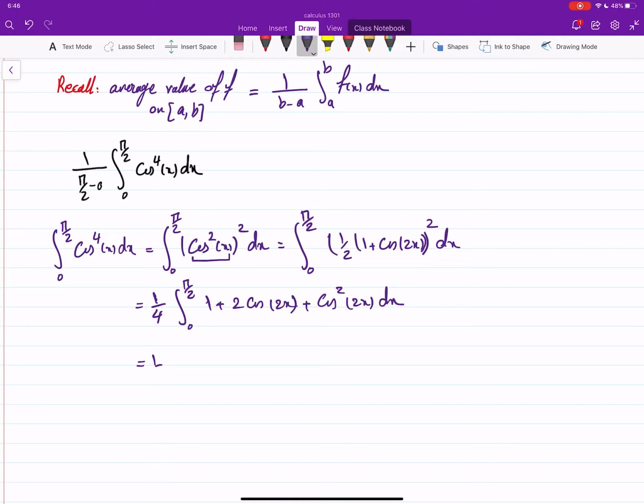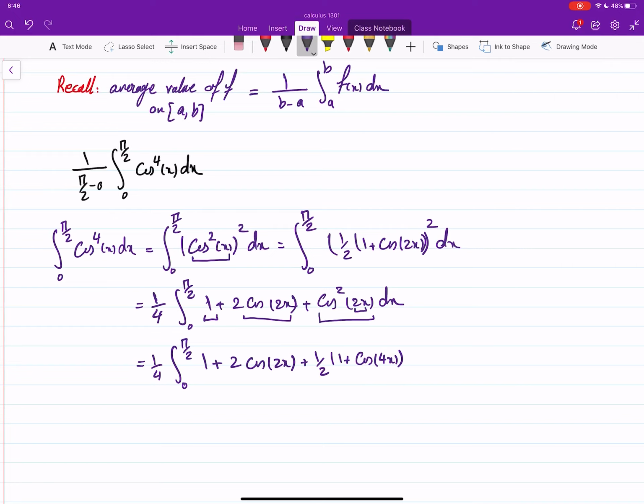But before I do that, let me go one more step here, because these guys are easy to integrate. How about this one? Well, I will use another time the so-called half angle or power reducing formula. And remember that power reducing: cosine squared is equal to half of 1 plus cosine of twice whatever angle is there.